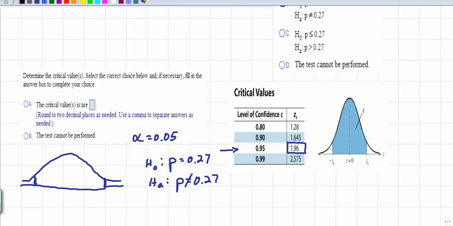And when we look at a two-tailed test, we're going to be looking at these two areas for rejection areas. And instead of being at 0.05, we'll be at 0.025 as far as the areas to reject. And that means I'm going to have a negative 1.96 for Z sub C.